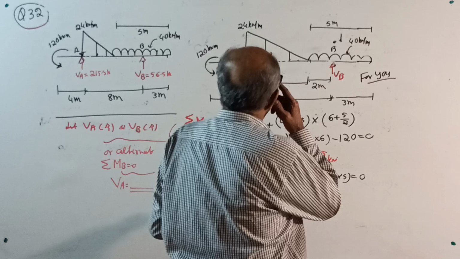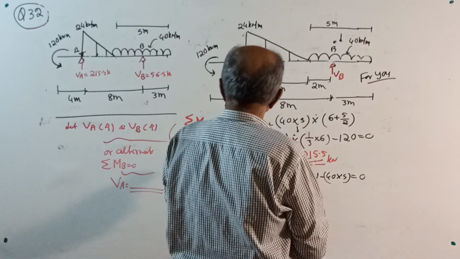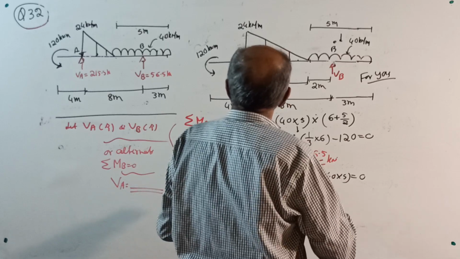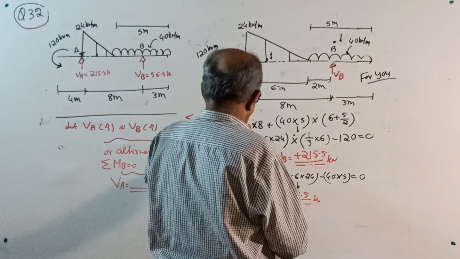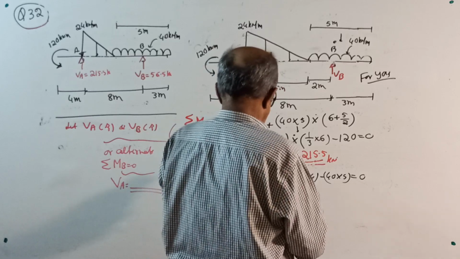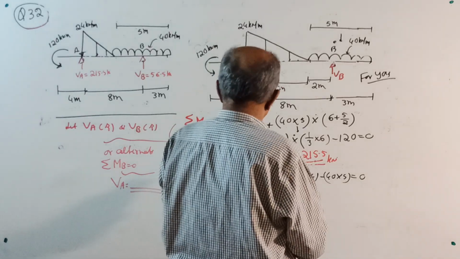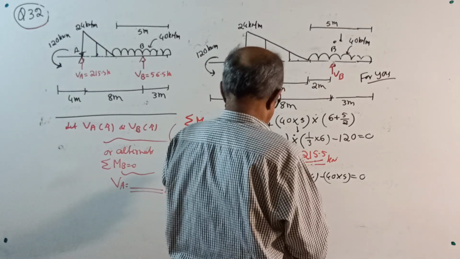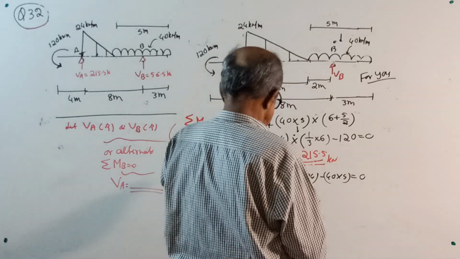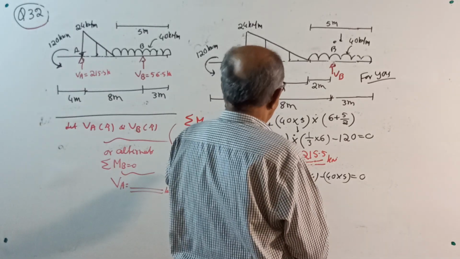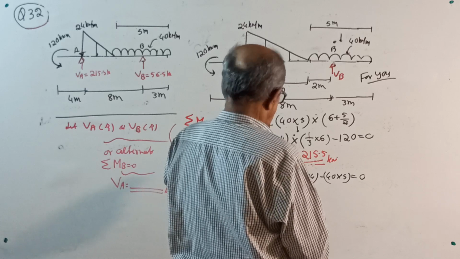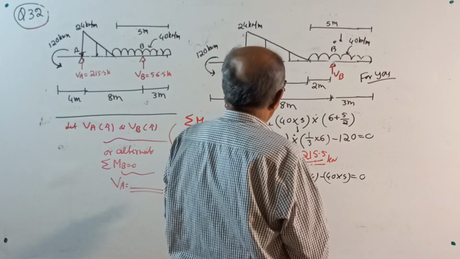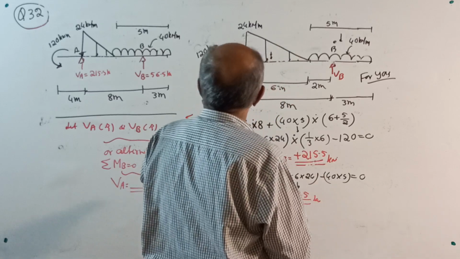Why such a low value? Okay, 24. Anti-clockwise VA. I think some doubt is there for me. Minus 120 minus half into 6 into 24 into bracket 2 plus 4. So much, minus 40 into 2 into 1 plus 40 into 3 into 1.5, divided by 6. No, something wrong. One minute. I will tell how much it will come.